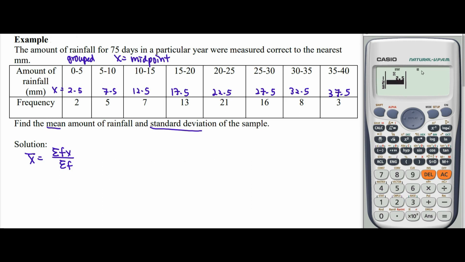To turn on this frequency column, we press shift mode and then go down to find the list of number 4, statistic. Then you're on the frequency column. So your table will have the frequency column with the data. So now we can plug in all the data here.